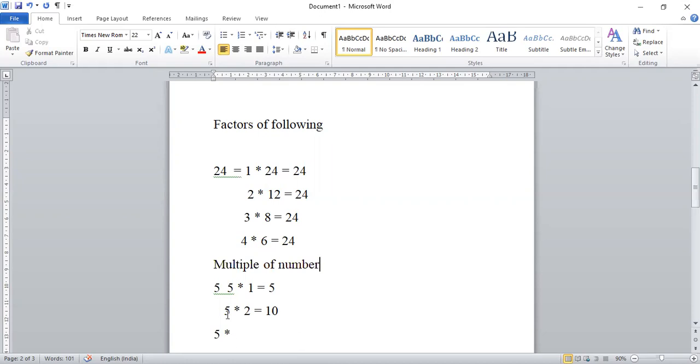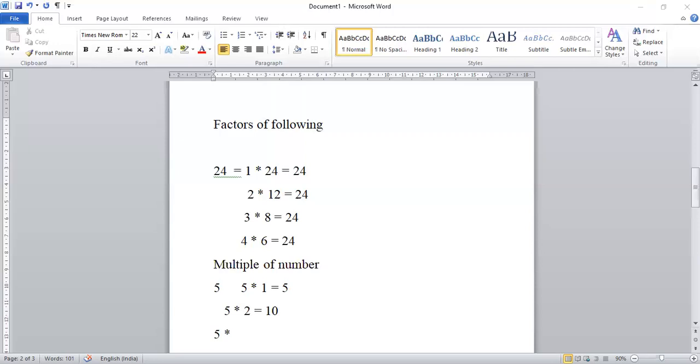Okay, understood how to find factors and multiples of the number? This first exercise, Exercise 3.1, is based on factors and multiples only. They have given 4 questions. You have to solve those questions. This will be the homework for today's session.